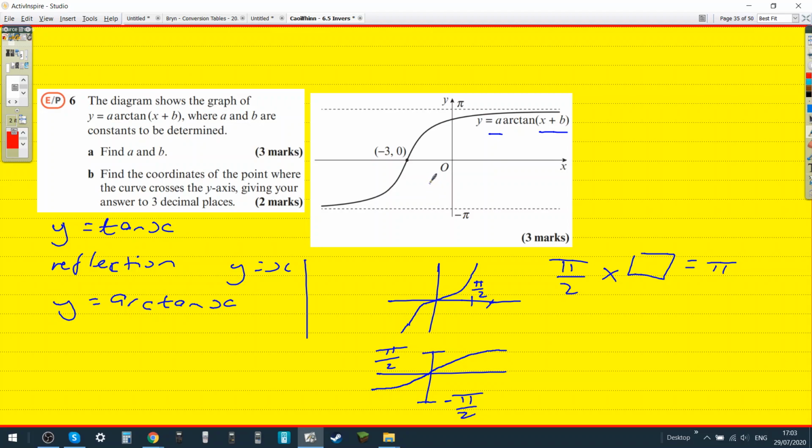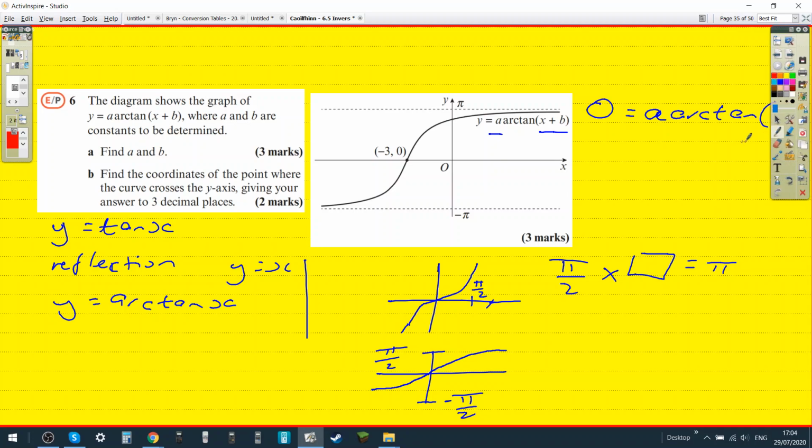Wait, I'm kind of confused. I'm not really sure if it's the most efficient way of going about it, but you could sub in minus 3 and 0. So 0 equals a arctan of minus 3 plus b.